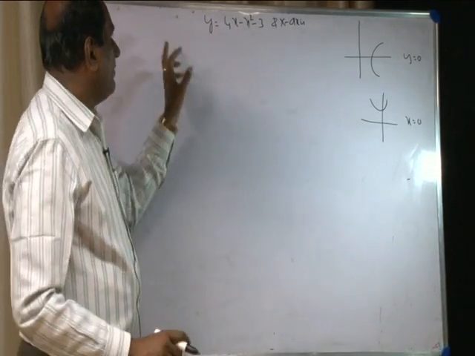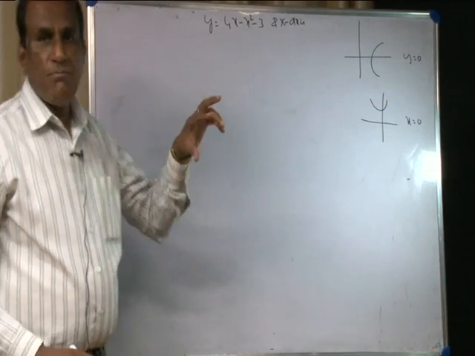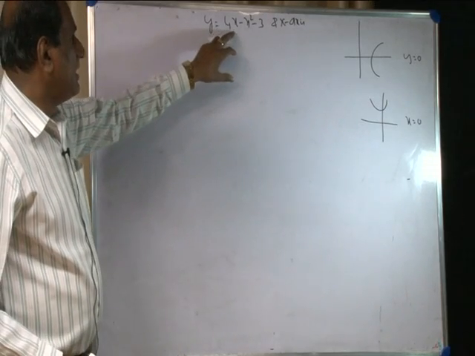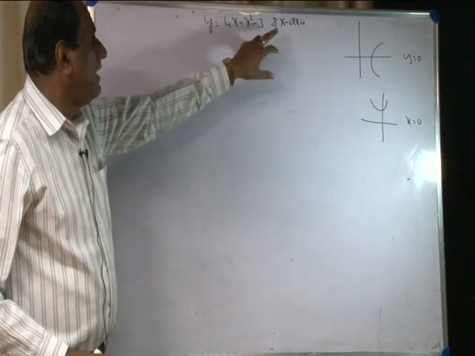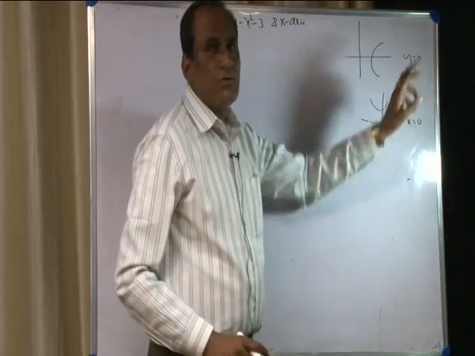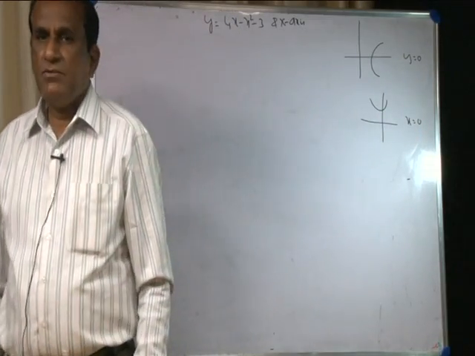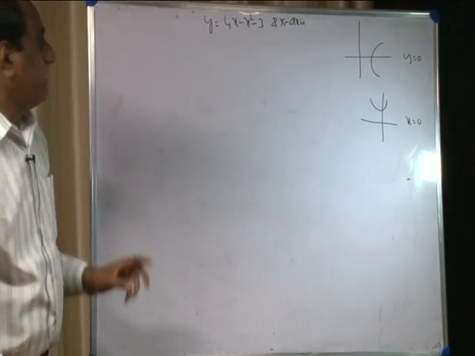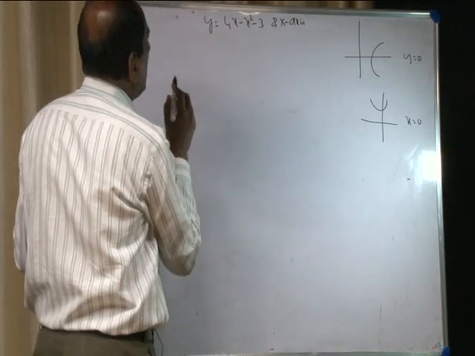In this problem, find out the area bounded by the curve, that is the given curve 4x minus x square minus 3 and x axis. The curve cuts the x axis, therefore, you must take y is equal to 0. So, this part is 0.